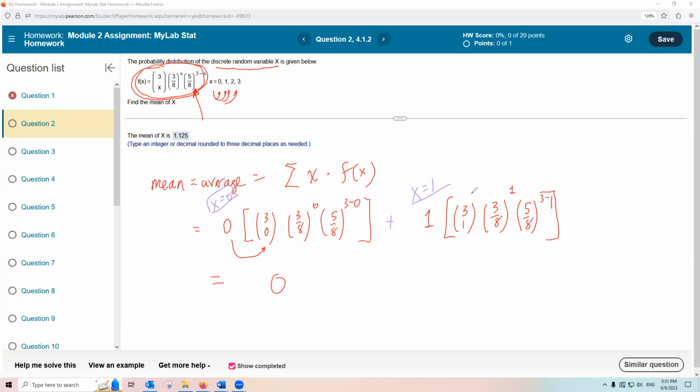By the way, when you see this 3, 1 combination, remember this really means 3C1. And then, of course, you're going to do the same thing when x is 2, and then the same thing when x is 3. This will be a little messy, but you can work this out on a calculator. And in my example, you can see this works out to be 1.12.